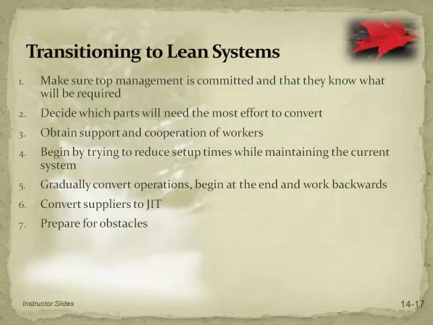Sometimes it's easier to start small and lean. Pick a product line that you feel lends itself to going lean and start with that. And if you achieve some good results, then you can start to incorporate the same results with those other products.